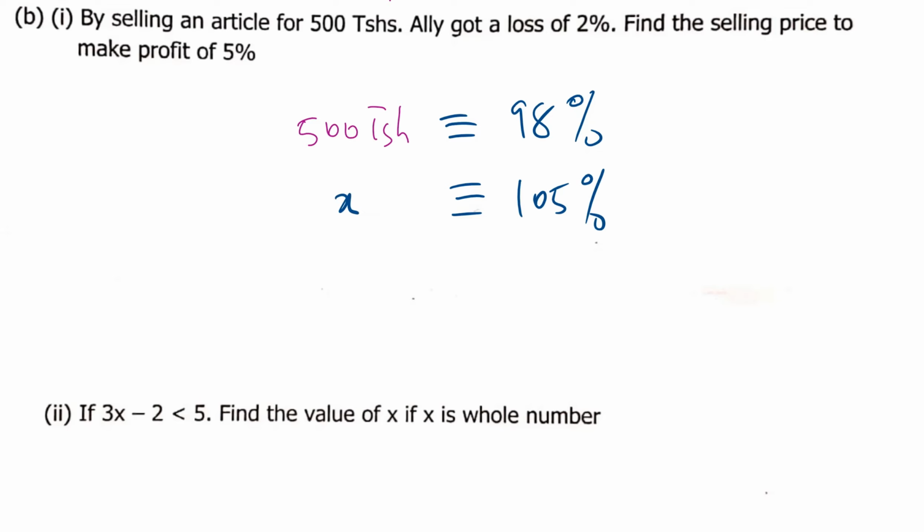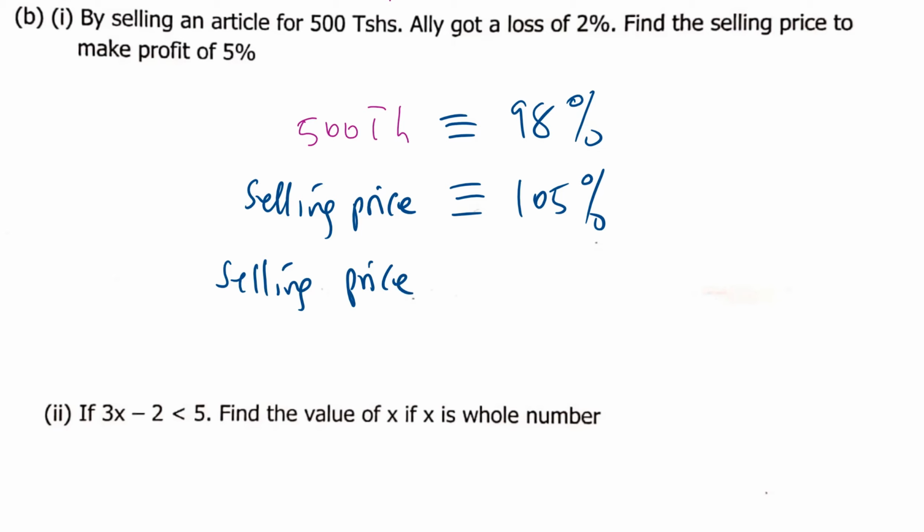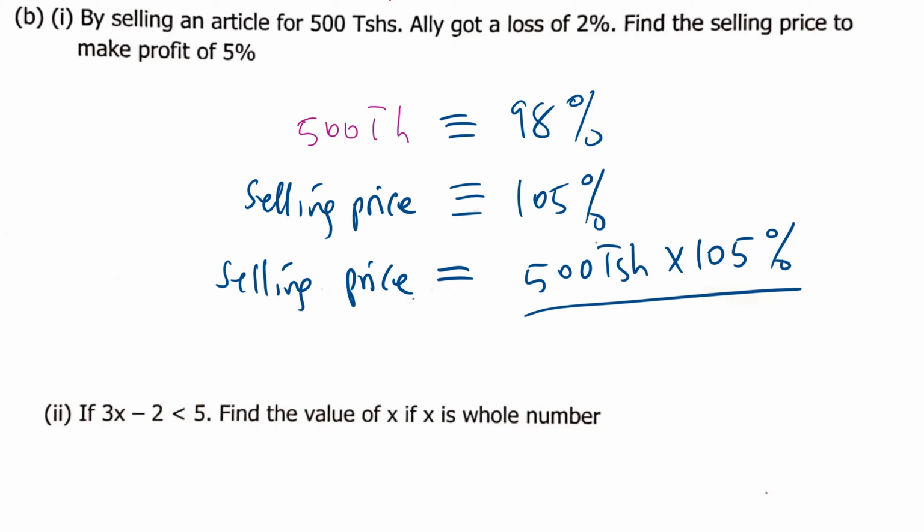So we are looking for the selling price. Our selling price, by the way, is XC. So XC is the new selling price. Now we are going to say that selling price equals 500 shilling times 105% divided by 98%.